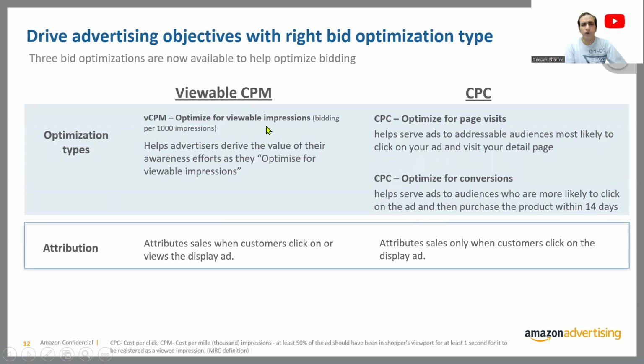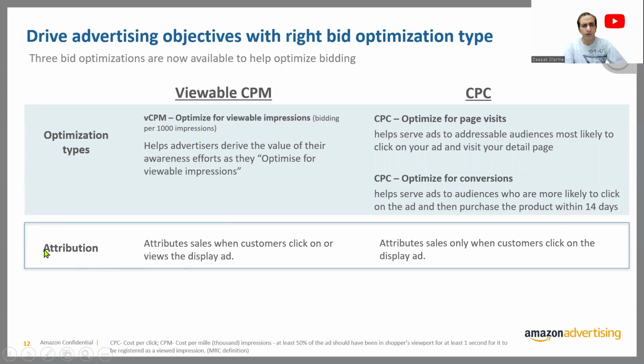You can optimize for viewable impressions, bidding per 1,000 impressions, and help advertisers derive the value of their awareness efforts as they optimize for viewable impressions. So this is CPM based bidding, cost per 1,000 impression based bidding, and then you have cost per click based bidding or CPC bidding. On CPC bidding, you can optimize for page visits and you can optimize for conversions.